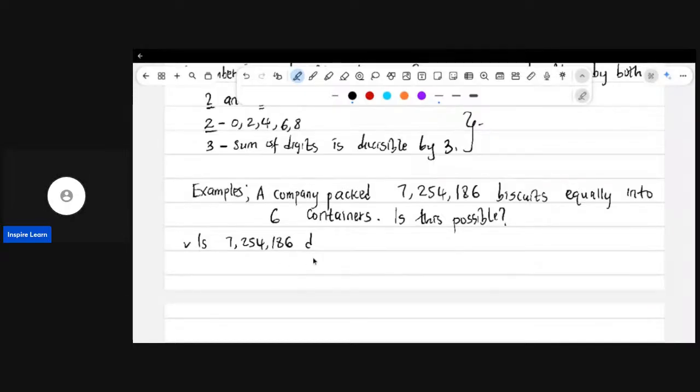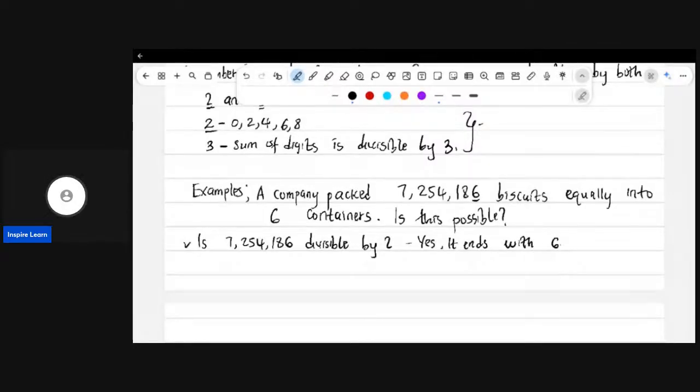is 7,254,186 divisible by 2? The answer is yes. Why is it yes? It ends with what? It ends with 6.